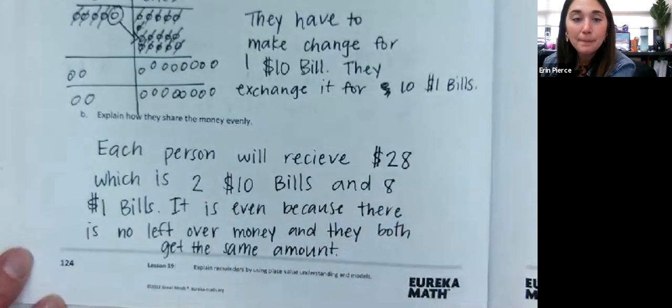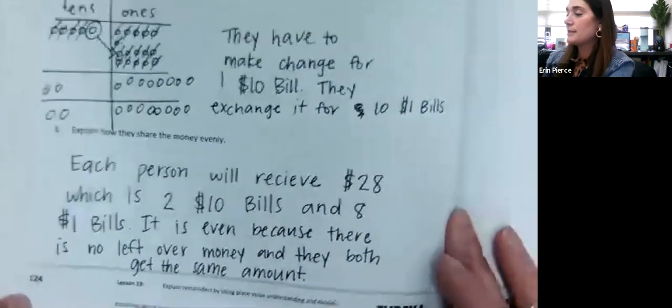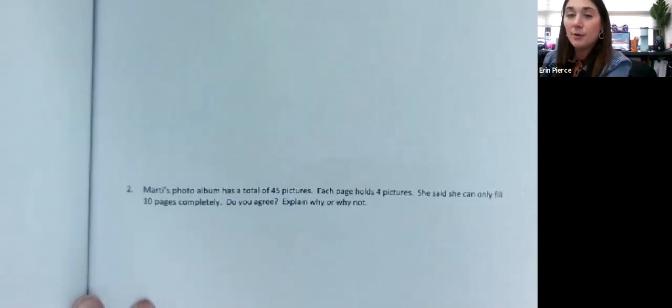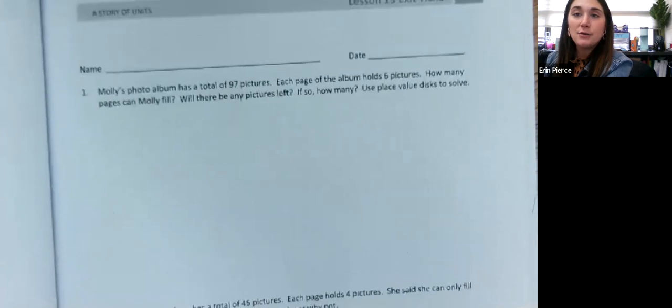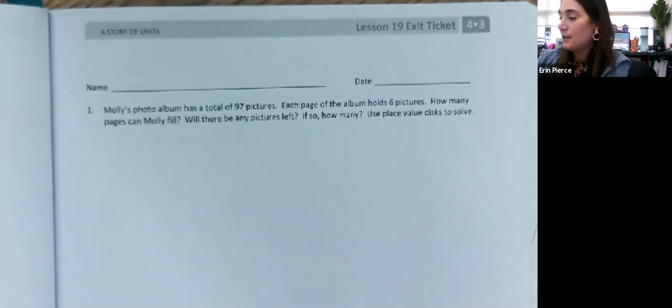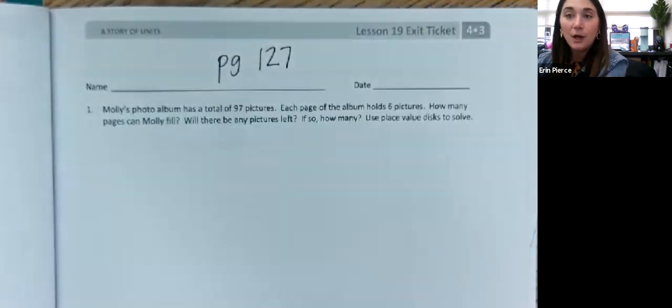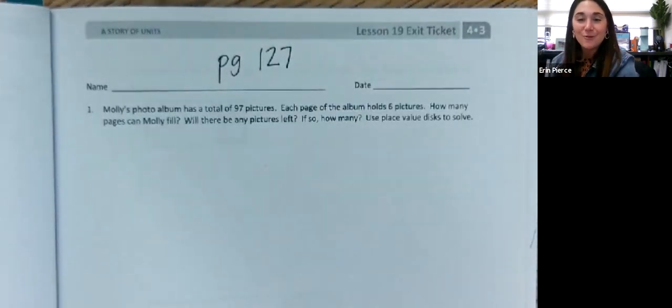Okay? You're going to skip 5, and I would like you to do numbers 1 and 2 on the exit ticket for page 127. Okay, guys, let me know if you have any questions.